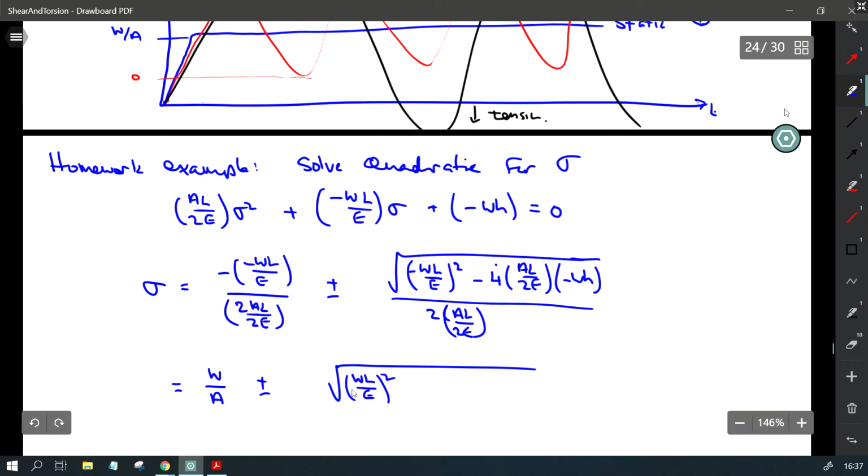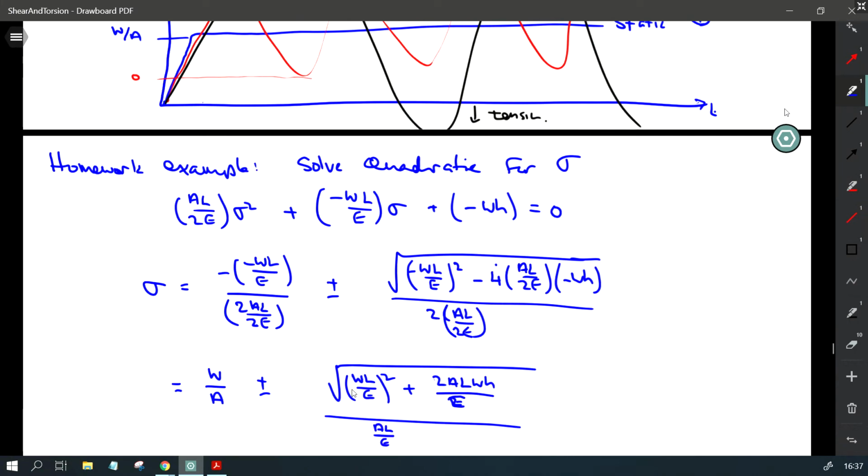The minus sign will disappear because of the squaring, and this minus sign will disappear as well. A divided by L over E. Yeah, you have to just work that out.